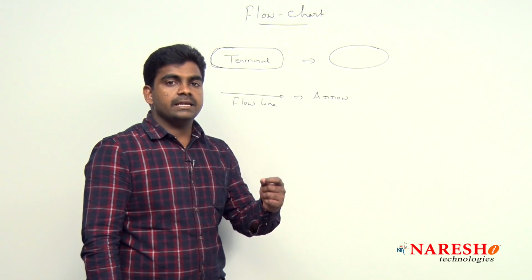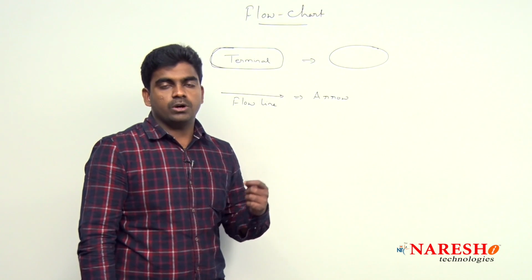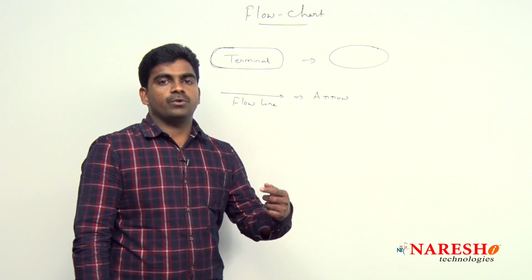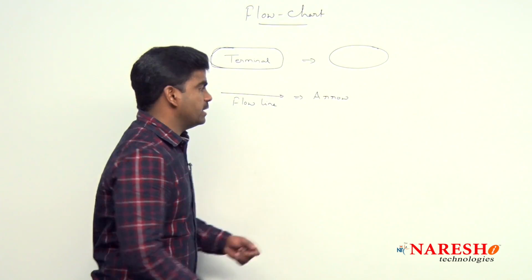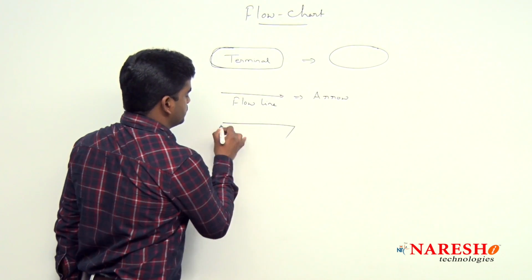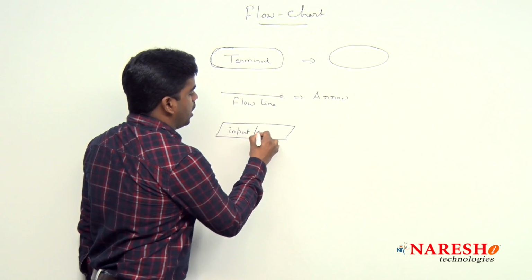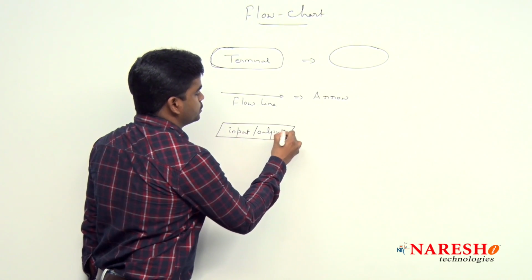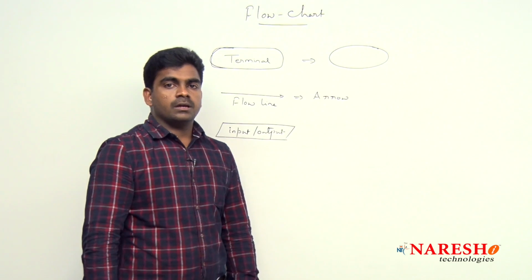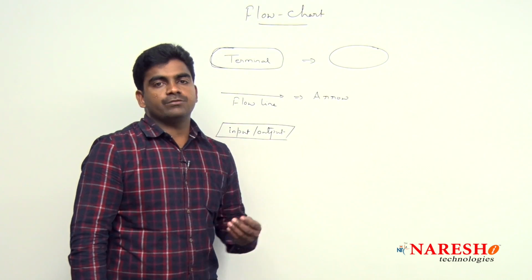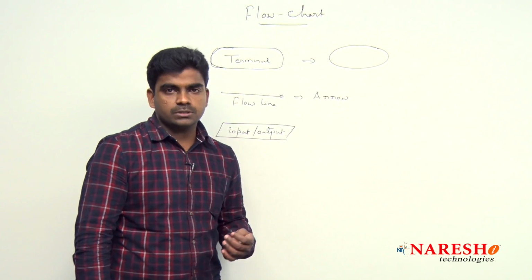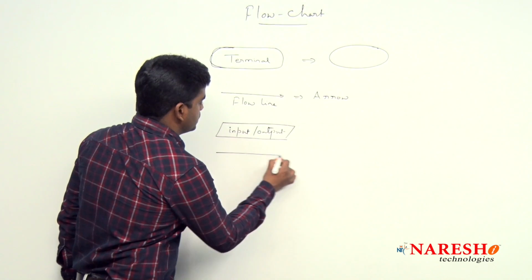In case of any input and output, if you want to take the input or if you want to represent the output, that step we are representing with a parallelogram. It is representing input and output in the flowchart. If you want to process the information, if data processing is required, we are using a rectangle.